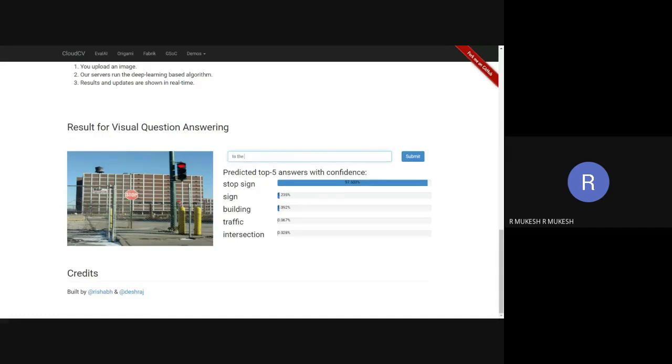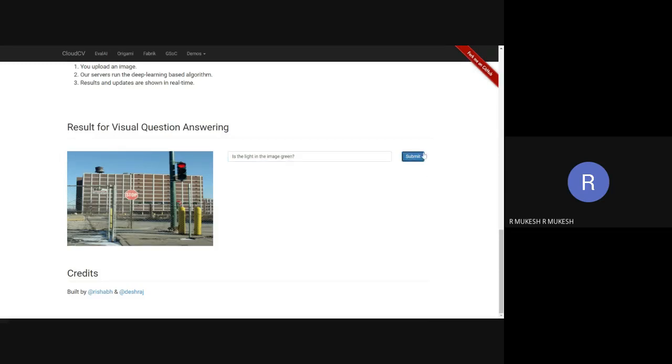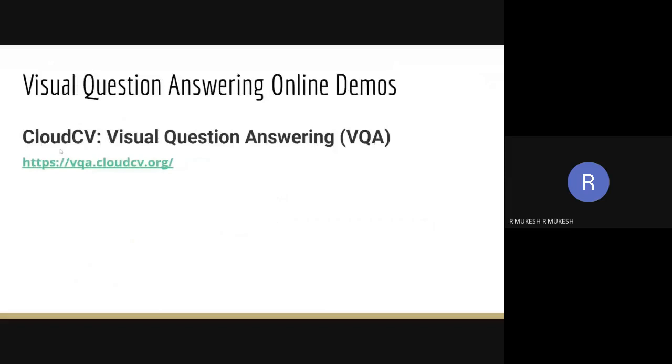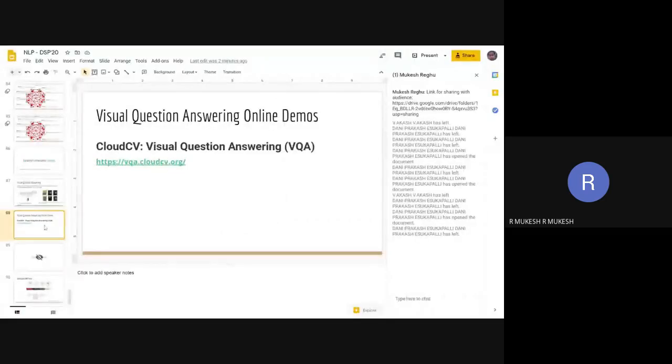Is the light in the image red? Or let's just say it's green. It says no. And you could just ask such questions, right? So this is called question answering, and mostly these are achieved using deep learning models.